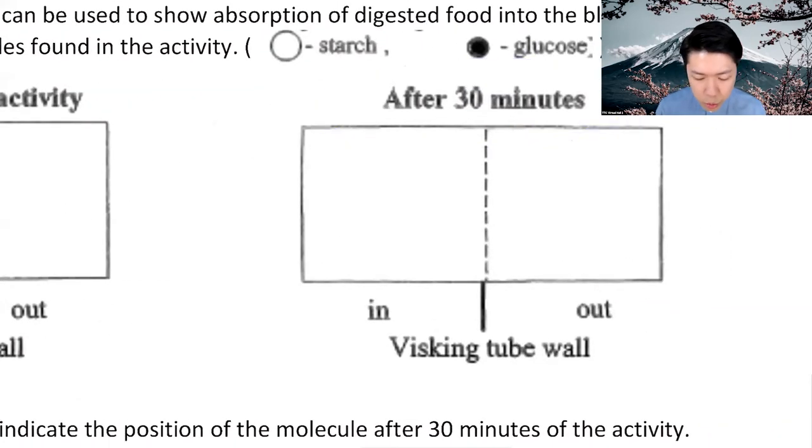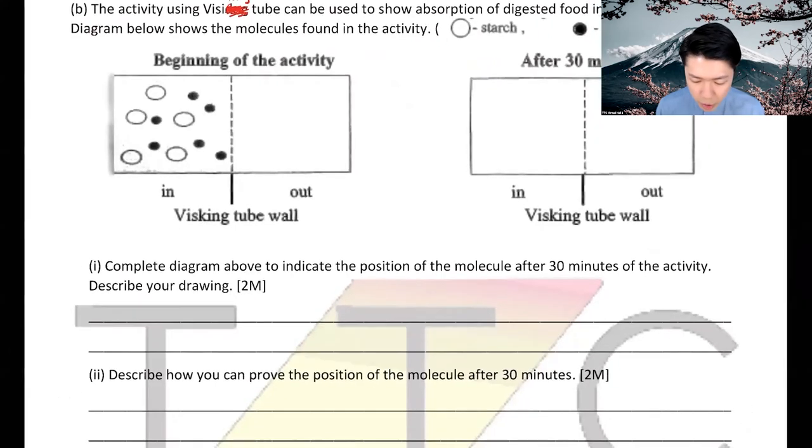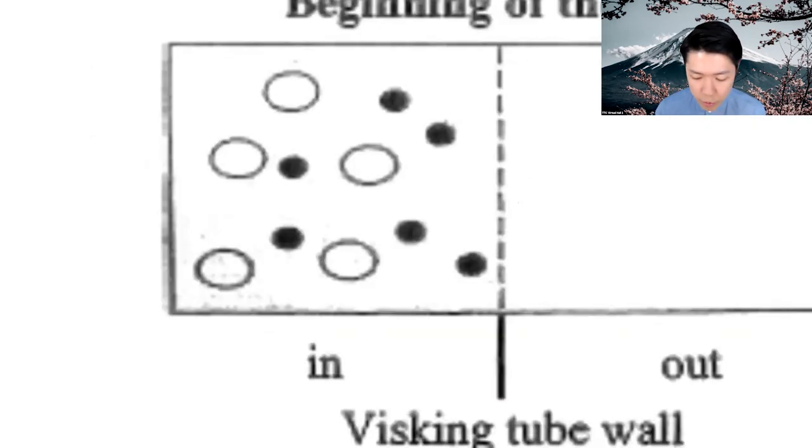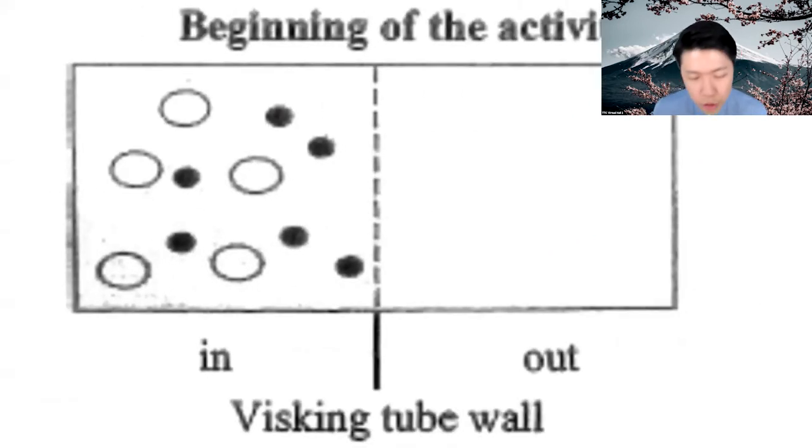The question wants you to draw the diagram above, and then describe your drawing. Very simple question for everybody. Do you think the small one will go to the right side or the big one? Very simple theory. Let me mention again, whisking tube only allows small ones to go over.